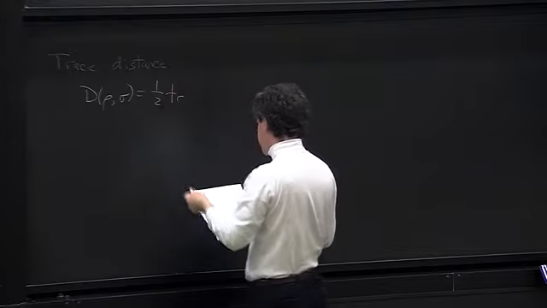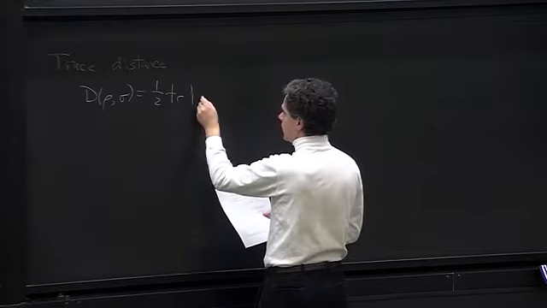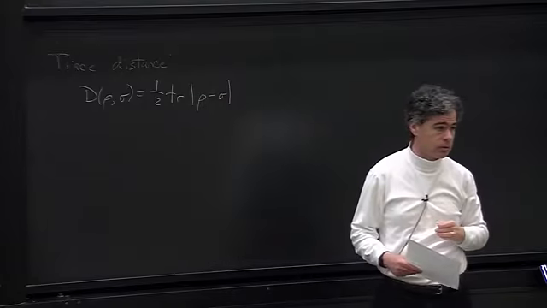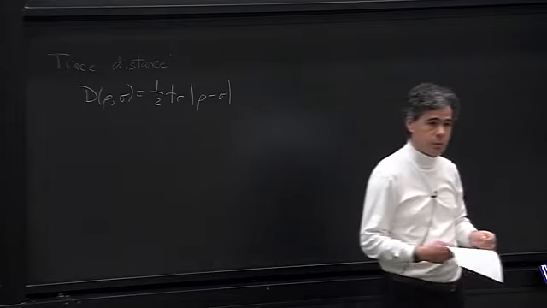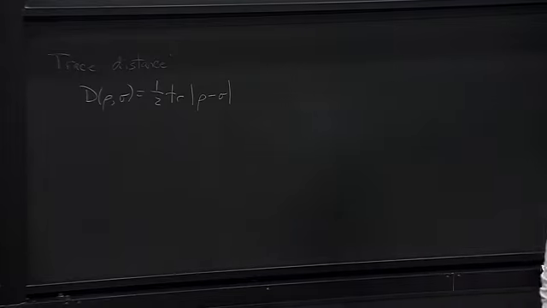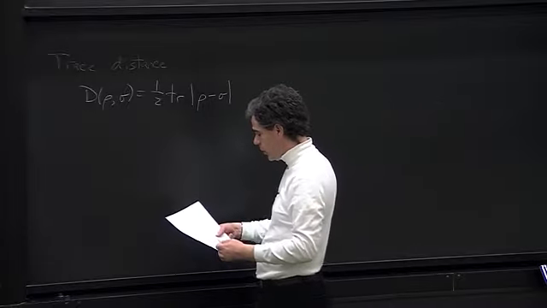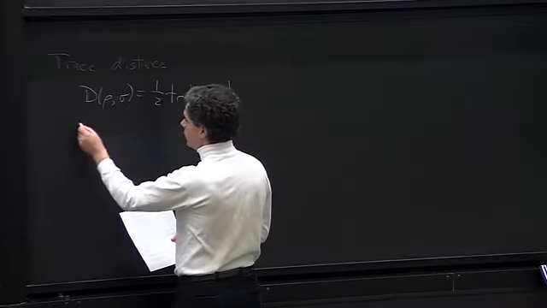So the trace distance between rho and sigma is a half of the trace of the absolute value of rho minus sigma. Okay? So in the case when rho and sigma are diagonal, just classical probability distributions, this reduces to something called the classical statistical distance.